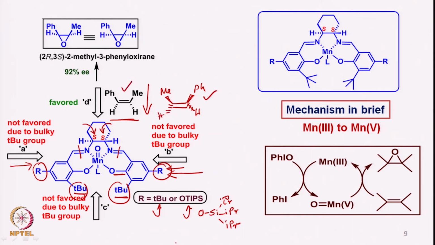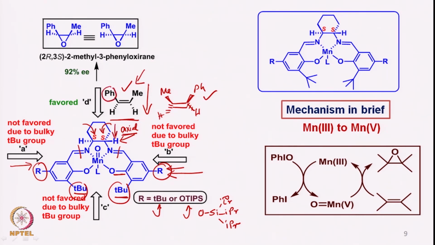Now what is found is that this particular hydrogen here is beta oriented in an axial fashion. So, it is an axially oriented hydrogen, and it is assumed that this comes into the way, and therefore the olefin tries to orient in this way so that the large R group avoids this particular hydrogen.